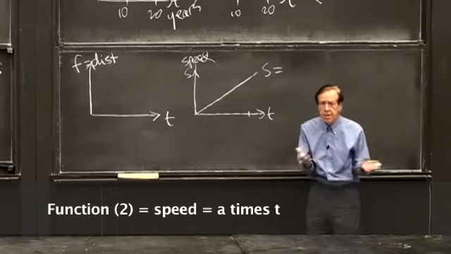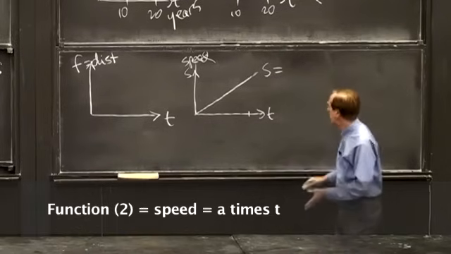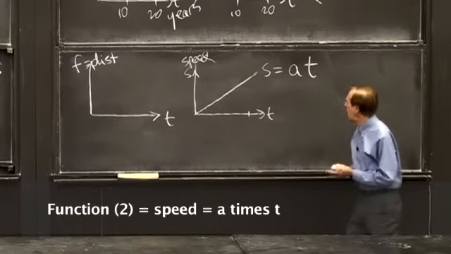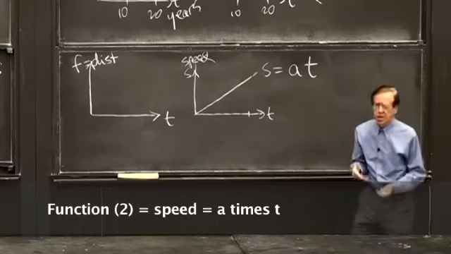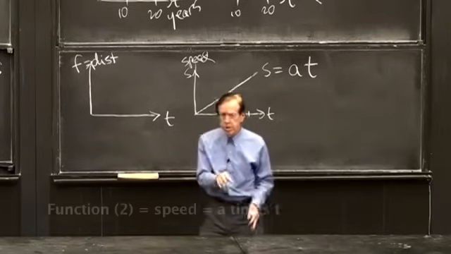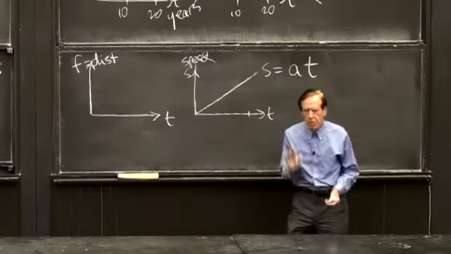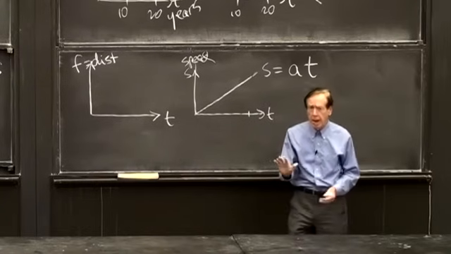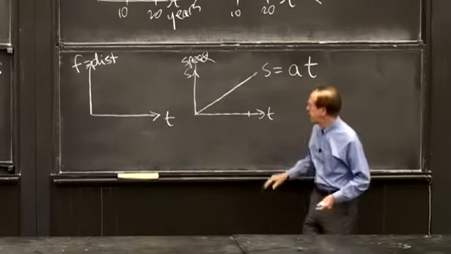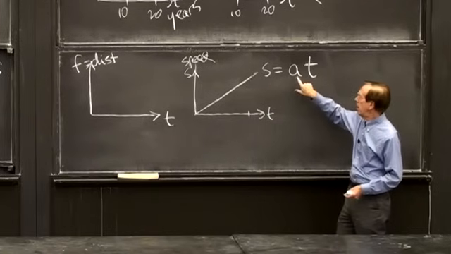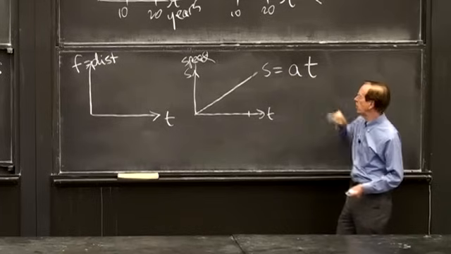That's where you get a straight line. S is, let's say, A times T. That A, the physicist, if we were physicists, would say acceleration. You're accelerating. You're keeping your foot on the gas, steadily speeding up, and so then S is proportional to T.